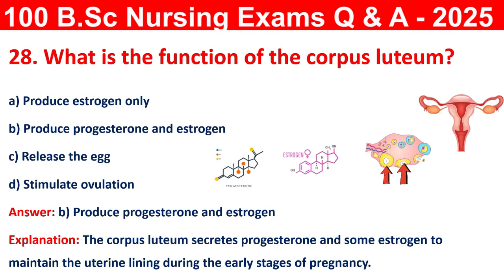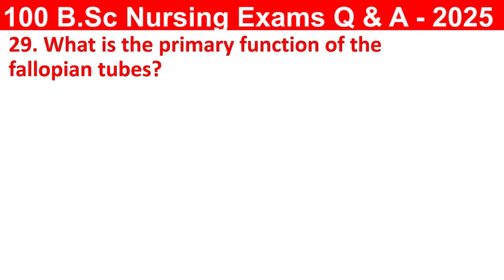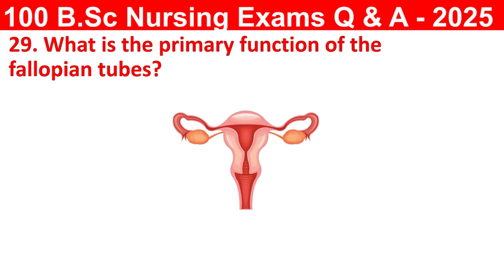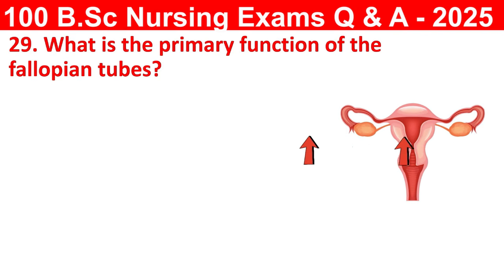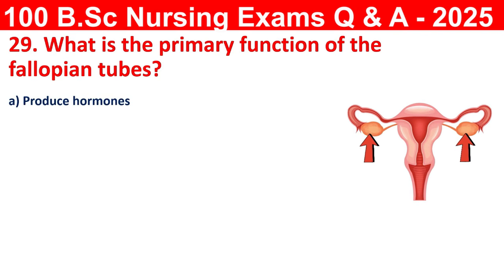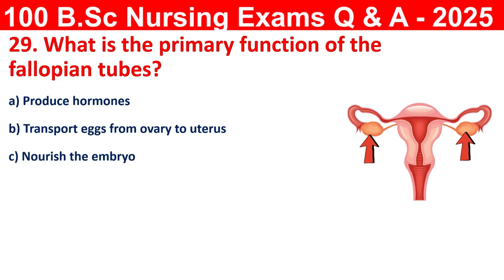Question number 29. What is the primary function of the fallopian tubes? Your options are to produce hormones, to transport eggs from ovary to uterus, to nourish the embryo, or to prevent fertilization.